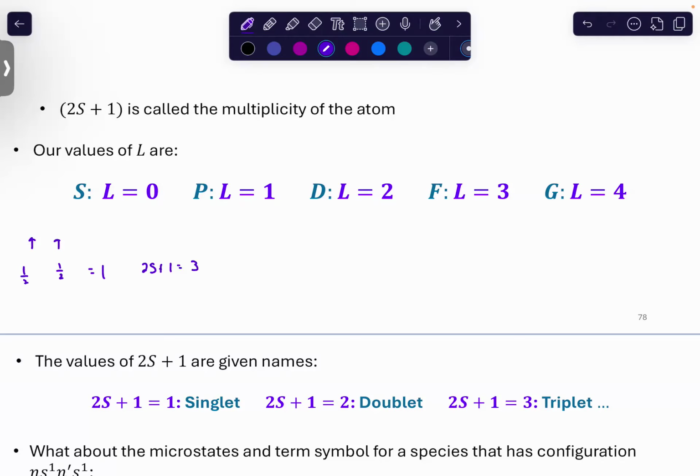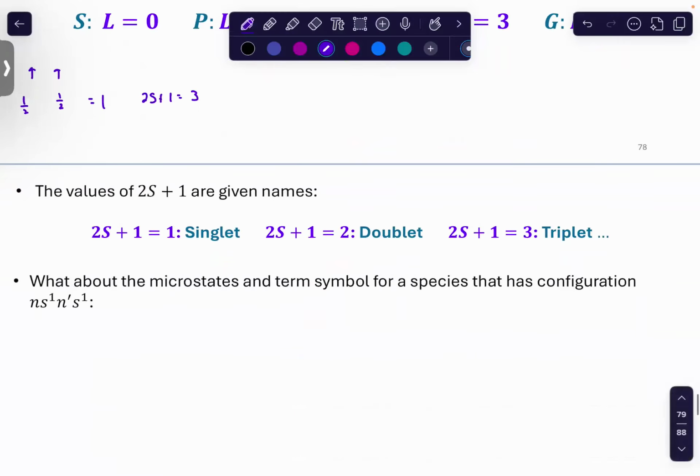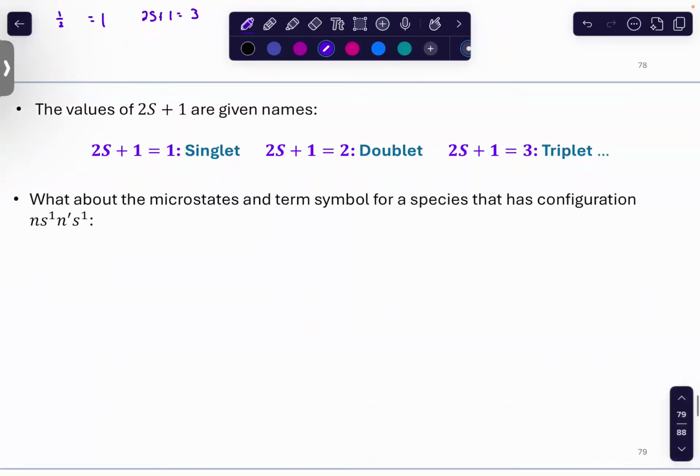So that's going to be a triplet state. Just think of it like this for now. They don't necessarily have to be spinning the same way to get a triplet, but this is the easiest way to start to think about it. Okay. So here you have singlet, doublet, triplet.